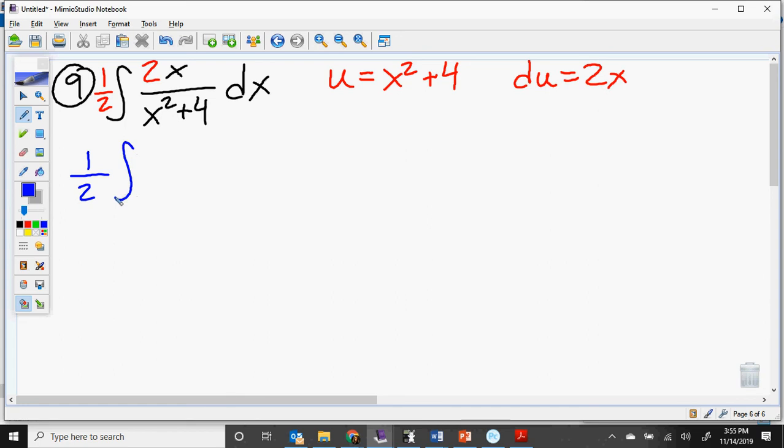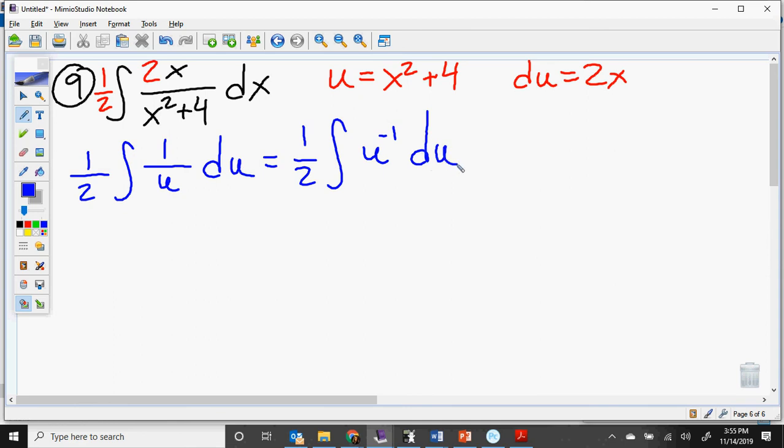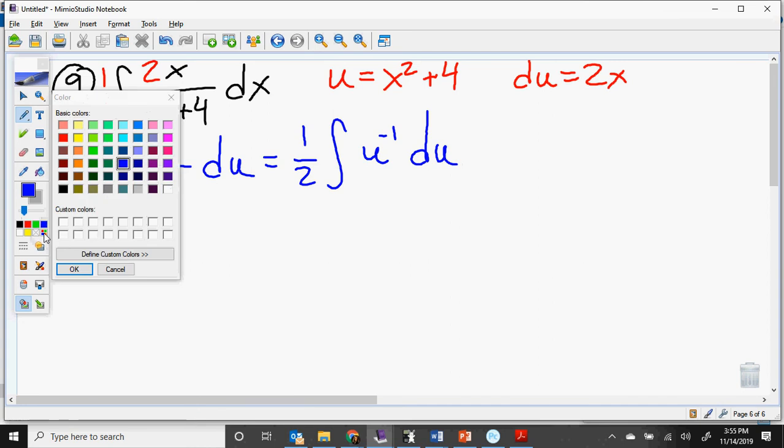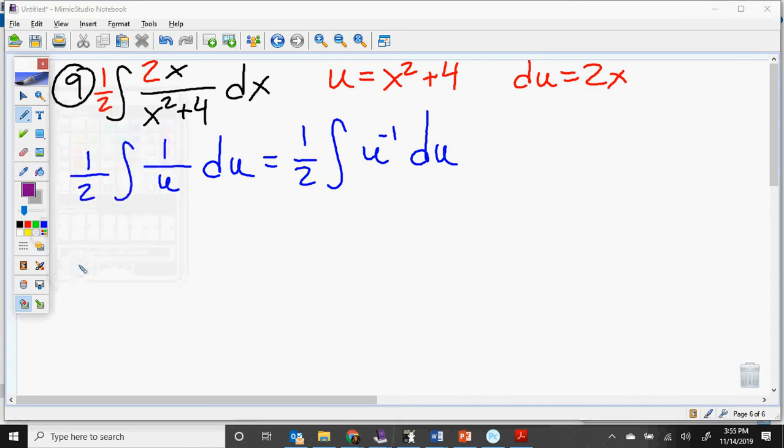And I can make my u substitution. 1/2 integral of 1 over u du, which of course is the same thing as 1/2 integral of u to the negative 1 du. If you try using your power rule, you'll quickly find out that that fails because you'll end up trying to divide by 0. That's because the integral of u to the negative 1 is our special case where the power rule doesn't work, and it's the natural log.